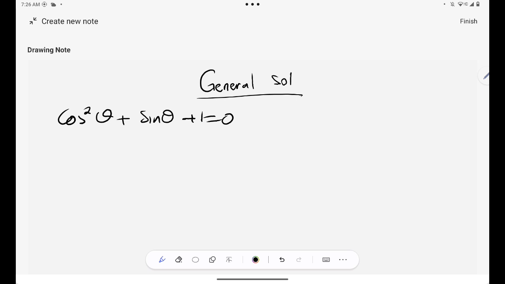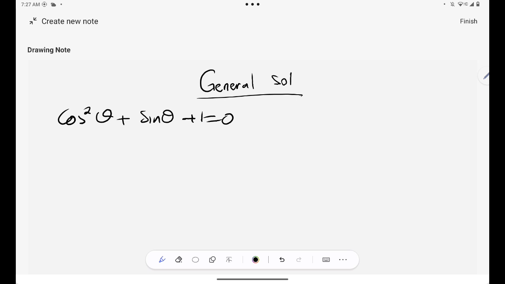The steps of finding the general solution go like this: check whether there are two things you can change into one thing, and then you must change everything into one trig ratio. If you can't, just change everything into sine and cos. 99% of the times whenever you're dealing with general solution, you'll be just focused on changing everything into one trig ratio, or just changing everything into sine and cos and then finding a general solution.